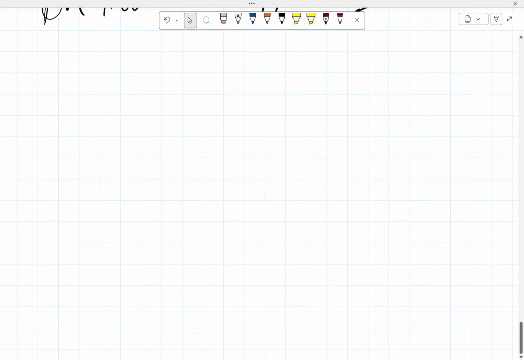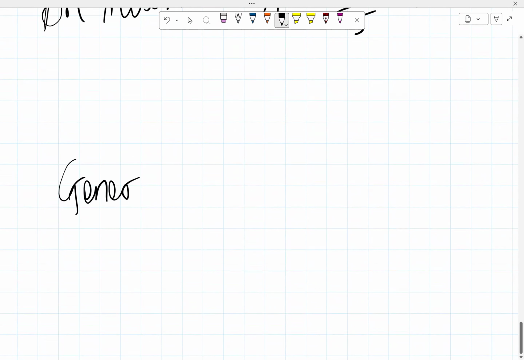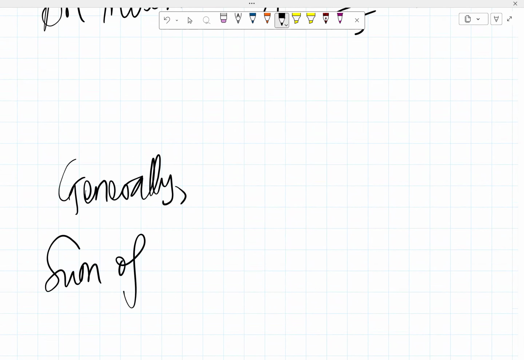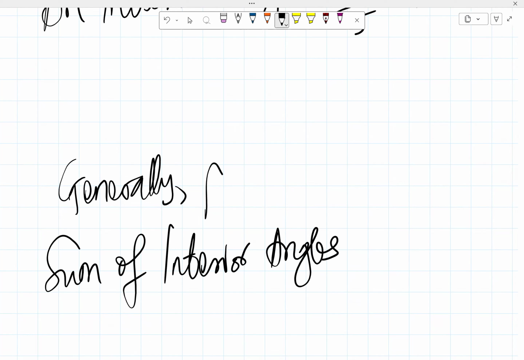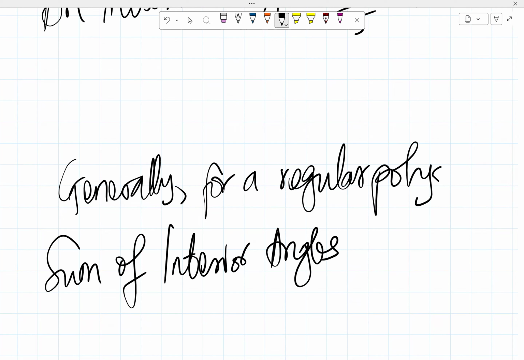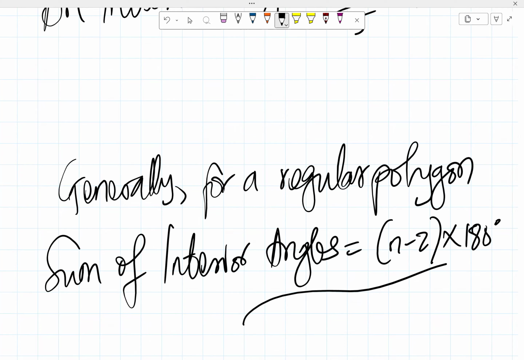So generally speaking, you can continue the same thing. So generally, sum of interior angles, for a regular polygon, sum of interior angles is n minus 2 times 180 degrees, like that.